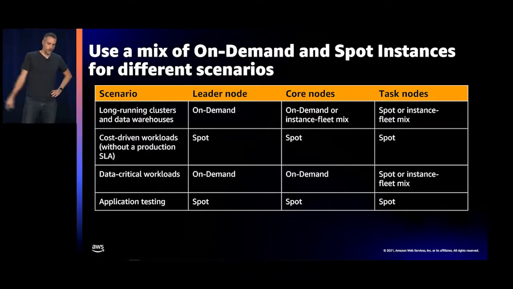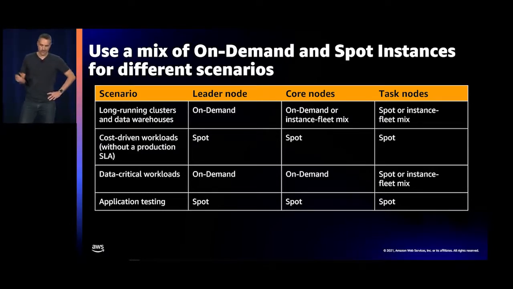There are two important points on this slide. The first one is that for low-criticality jobs, you can just use Spot everywhere because you will be able to reschedule the job in case of Spot interruption. But more important, even for critical jobs, you can use Spot on the task nodes, and that's very important.